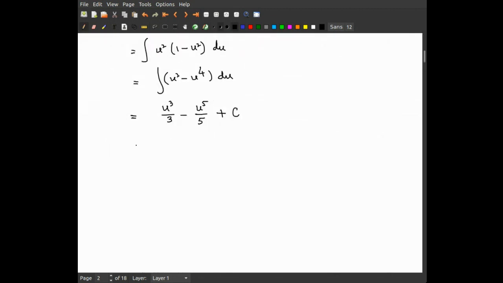We know that u equals sine x, so u cube we can write as sine cube x divided by 3, and the next one we can write as sine to the power 5 x divided by 5, plus c.